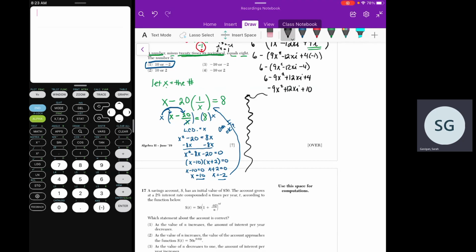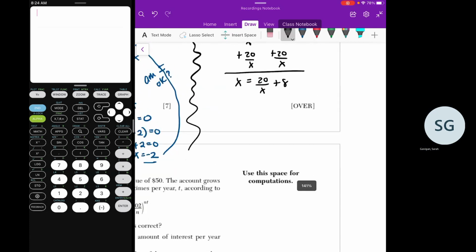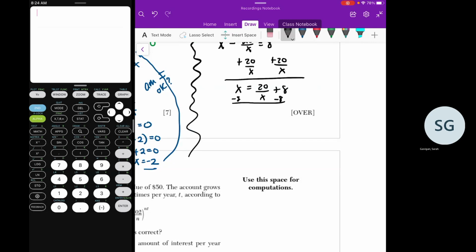Alternatively, you can solve this problem. You still have to set up the equation. But if you want to, you can use cross multiplication. So if I move that 20x to the other side and move the 8, so I have x equals 20 over x plus 8, and then move the 8, so I have x minus 8 equals 20 over x.